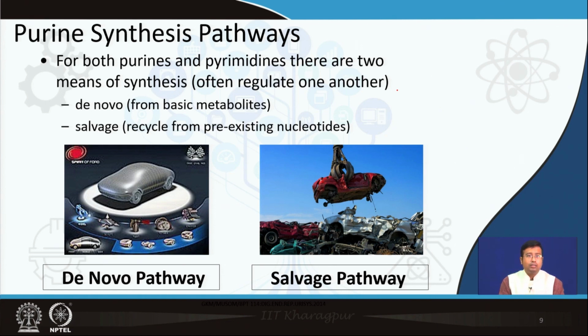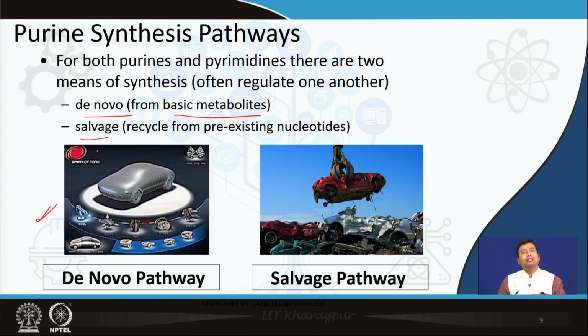So, de novo synthesis of purine, like all other de novo synthesis, happens in our body in situ from very basic metabolites. All primary components are assembled to form a new molecule, just like a new car being assembled from multiple new components. But these purines have been seen to be formed from another pathway also, known as the salvage pathway, which is nothing but recycling of existing nucleotides.